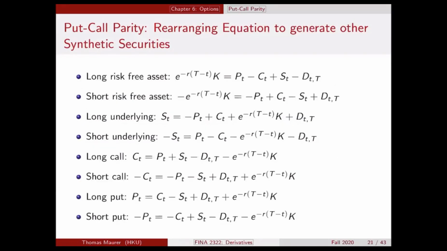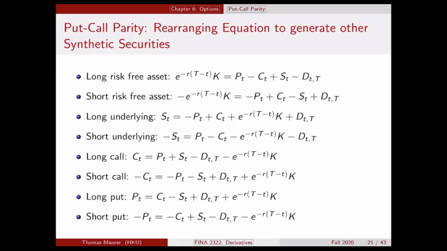Finally, notice that we have derived our put-call parity by replicating a long position in the risk-free asset by taking a long position in put, a short position in call, and a long position in the underlying asset, plus dealing with the dividends. You could, of course, also replicate equivalently a short position in the risk-free asset.